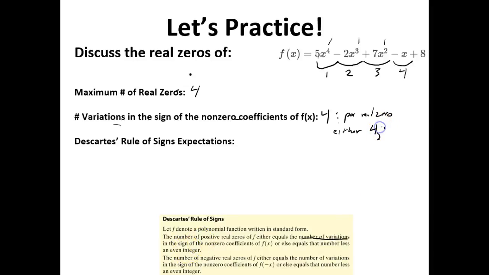Well, 4 less 2 is 2. That's a possibility. Or less 2 is 0.